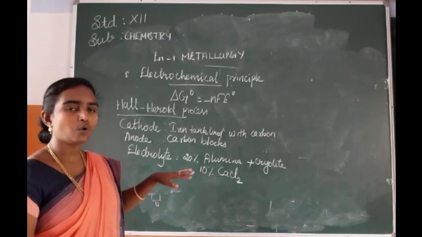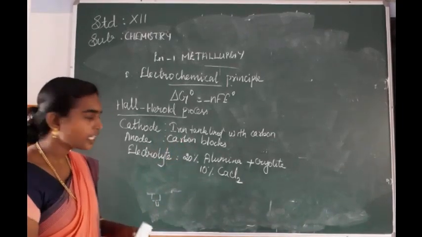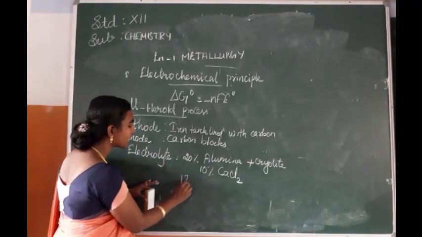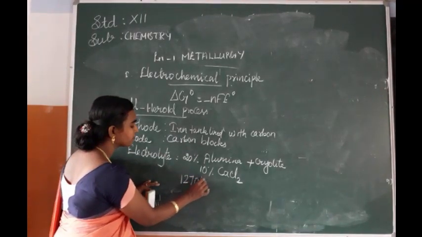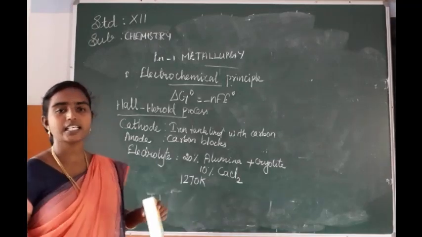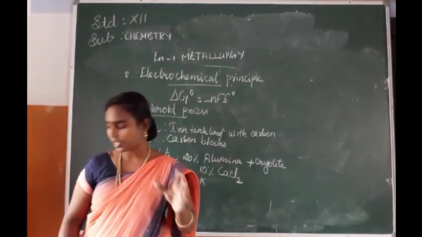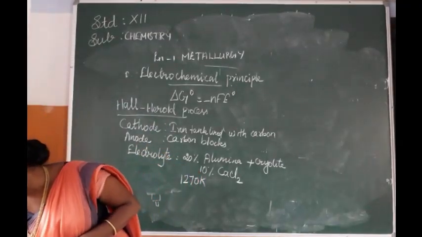Okay. So now the temperature must be above 1270 Kelvin. So these are the conditions. What are the conditions for the electrochemical extraction of aluminium?